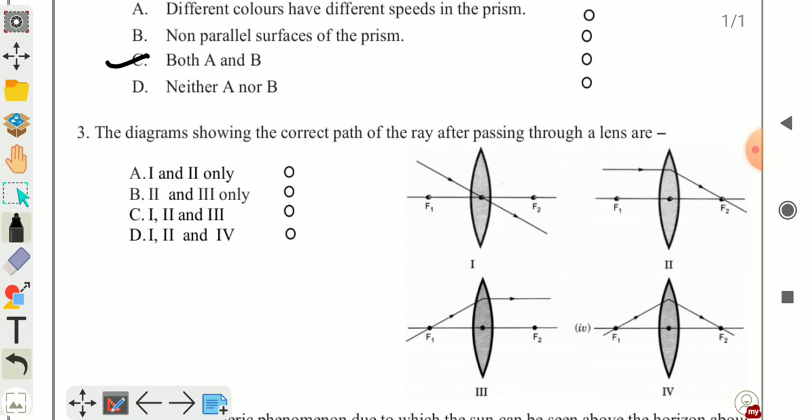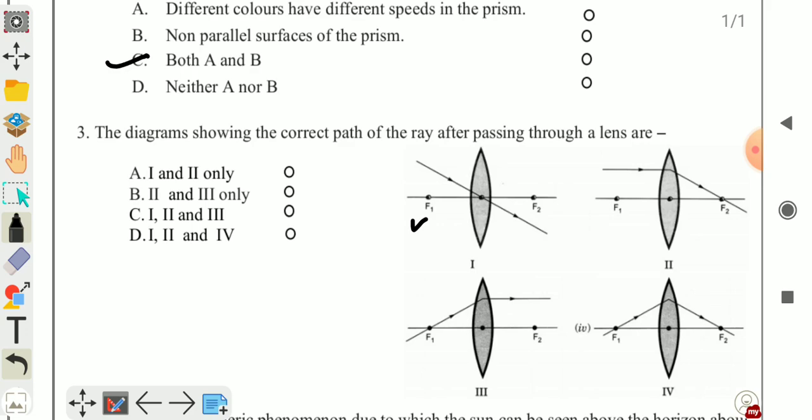Second is also correct, when passing parallel to the principal axis, after refraction it bends and goes through the focus. Third is also correct, when ray passing through the focus, after refraction it passes parallel to the principal axis.